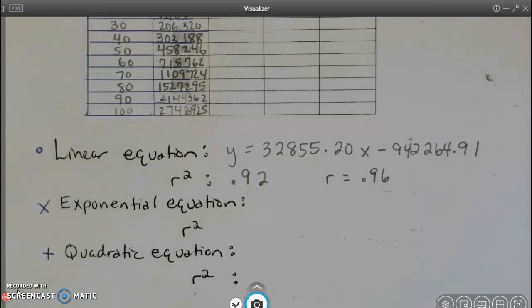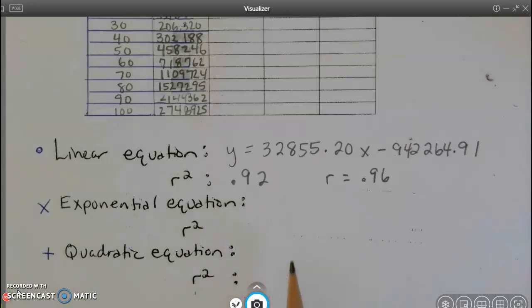Once you've done that, you're going to go back into your calculator and go to Stat and Calc, and find your exponential equation and your r squared value. Then you're going to go to Stat and Calc, find your quadratic equation and r squared value, and you'll fill those in here and here. I am not going to do that part with you.